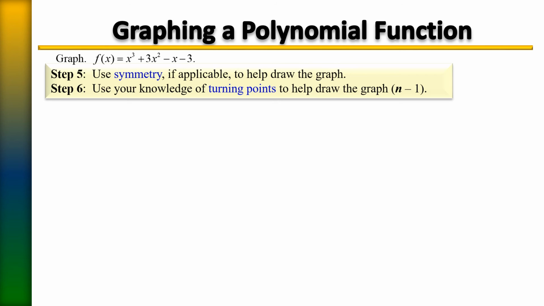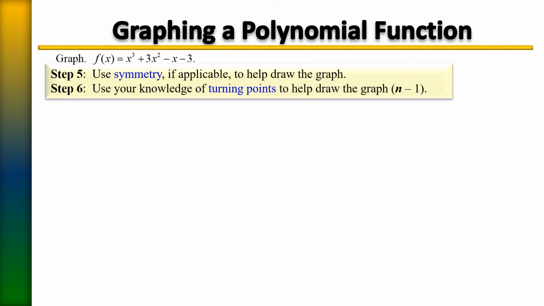And recall that odd functions are symmetric with respect to the origin. So we already know that. We already know what the shape looks like. It's the S shape, and it's going to fall on the left and rise up on the right. And because of the leading coefficient, it's going to be moving from left to right in an upward motion.